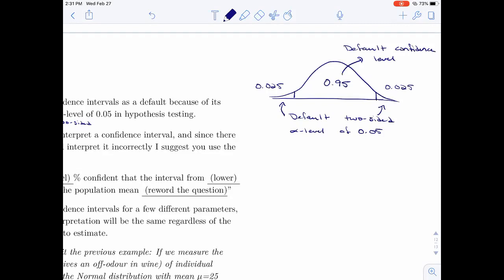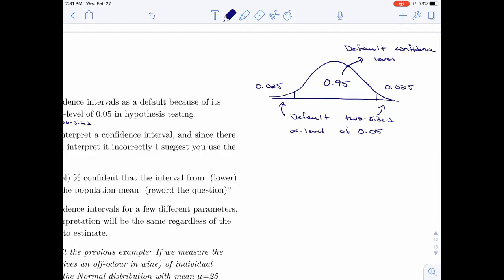But because of how these confidence intervals work, if you have 0.05 in one tail, you have to have 0.05 in the other tail as well. So now instead of 0.025 and 0.025, you have 0.05 and 0.05. So what am I actually asking for? I'm asking for a 90% confidence interval.